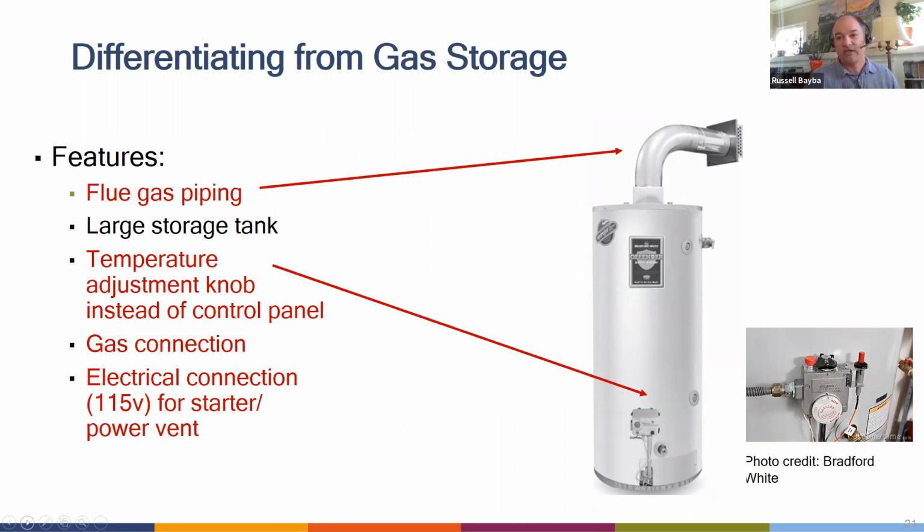It's kind of a range, that you can with some of the other units, the tanked units that are heat pumps. And let's see, there's a gas connection, and usually there's not an electrical connection, but sometimes there are. So few times there's a fan. Okay, next one.